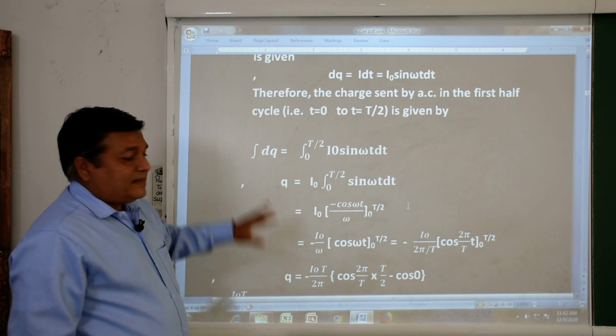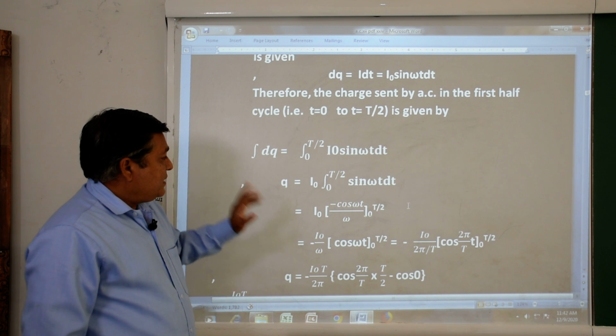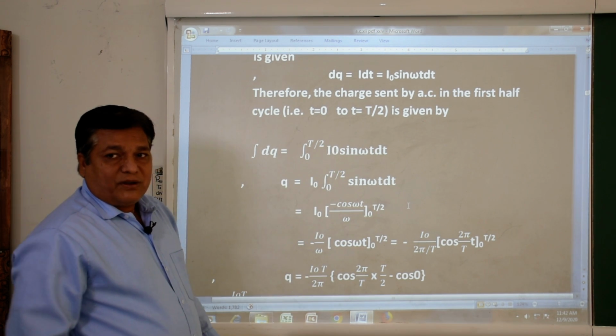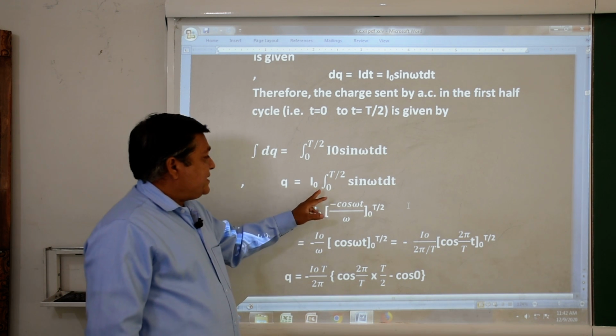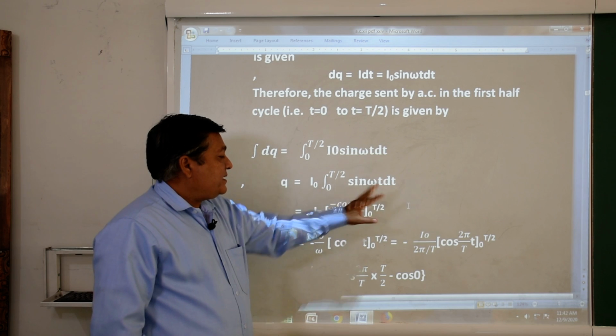Integration of dq is q. Here I naught is the peak value of current, a constant term, so we can take it out, leaving the integration from 0 to T by 2 of sin omega t dt.